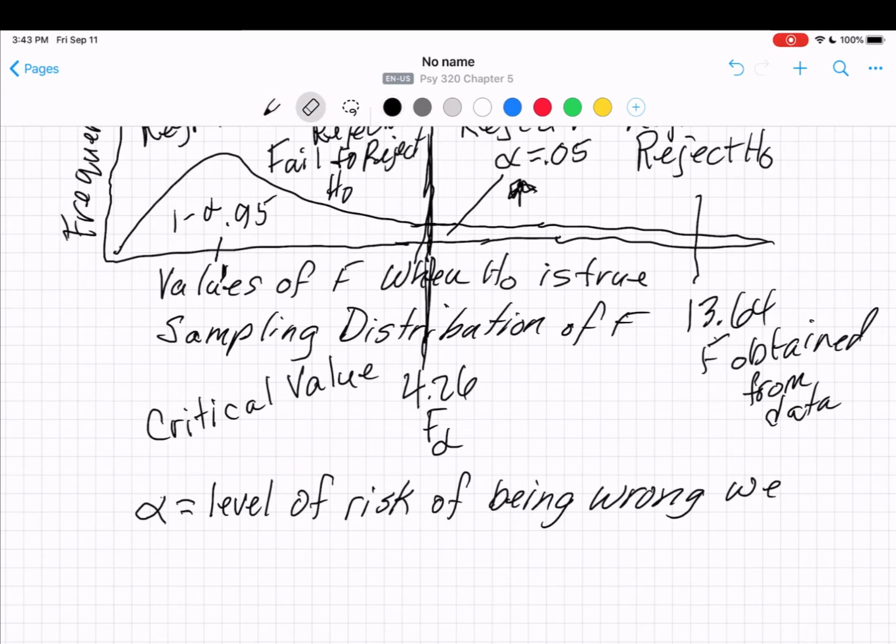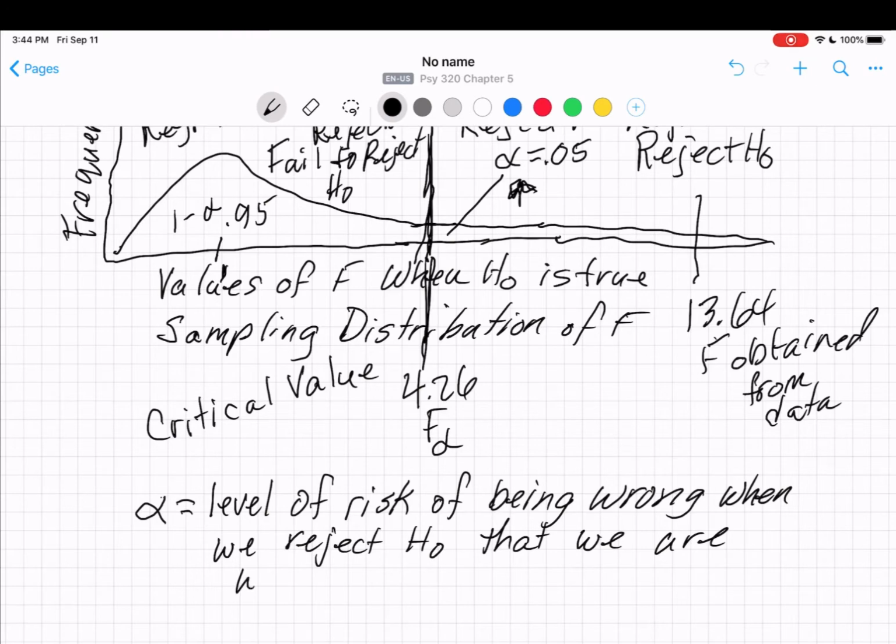Alpha is the level of risk of being wrong when we reject H naught that we are willing to tolerate.